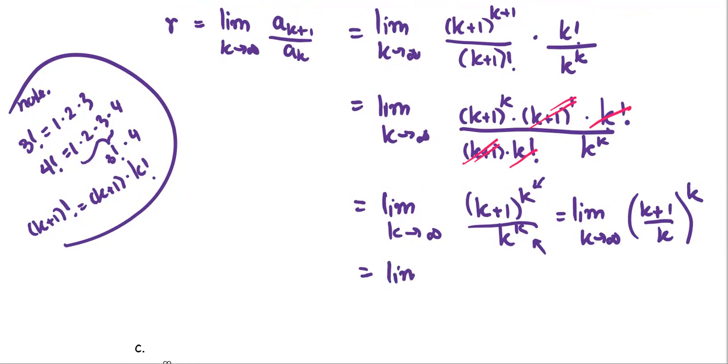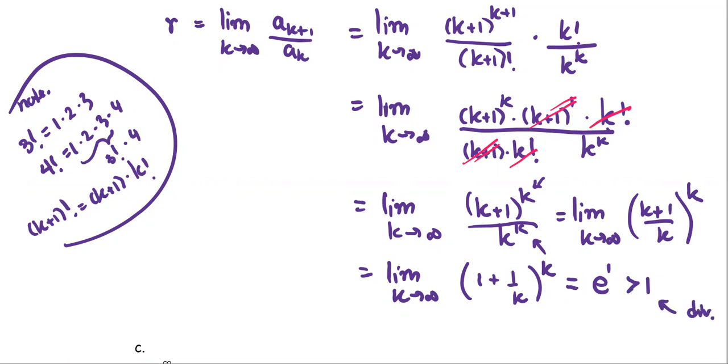Simplify a little bit more to adjust into the form that we can find the limit value more easily, which is (1 plus 1 over k) to the power k. This way, we can see the limit comes out to be e to the first power. As e to the first power is greater than 1, this series diverges by the ratio test.